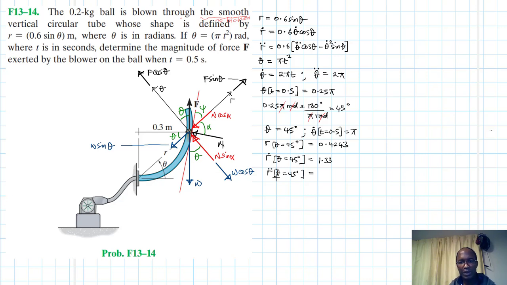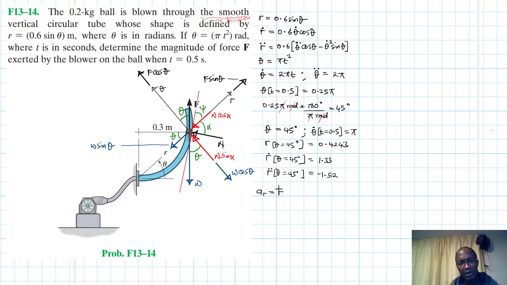Theta dot we said is just pi squared sine 45, and times 0.6. So this is minus 1.52. Okay, what else? I think this is about it. We found r dot and everything else. Okay, so let's find AR.